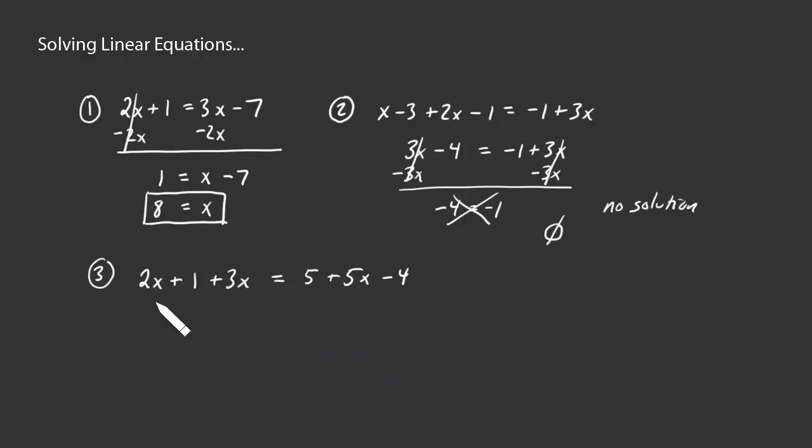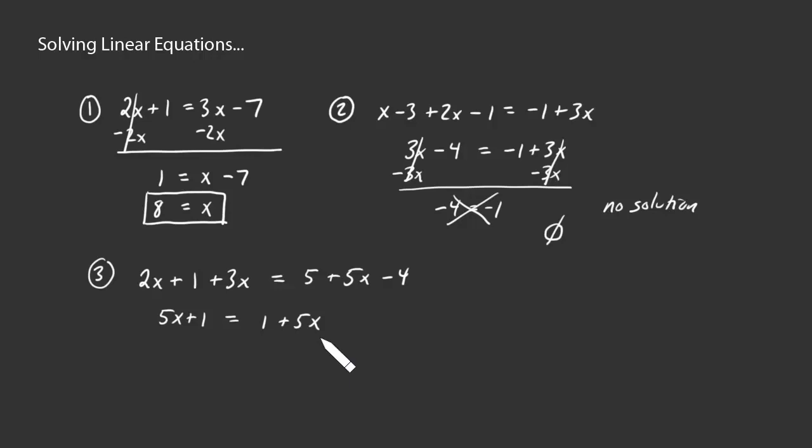Here again, the strategy is to get this down to a single occurrence of x just on one side. We have some x's here we could collect together to get 5x plus 1 on the left, adding the 2x and 3x. Over here, we can't collect anything together with the 5x on the right, but we have a 5 minus 4 I can collect together.